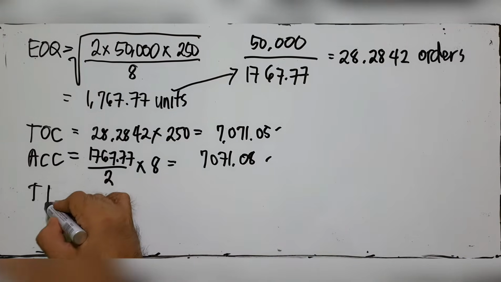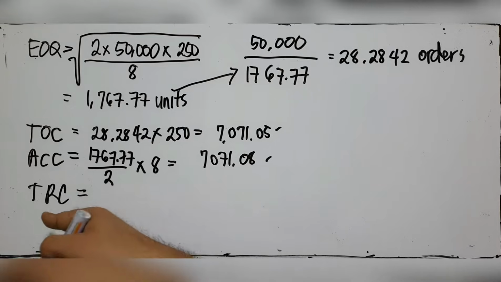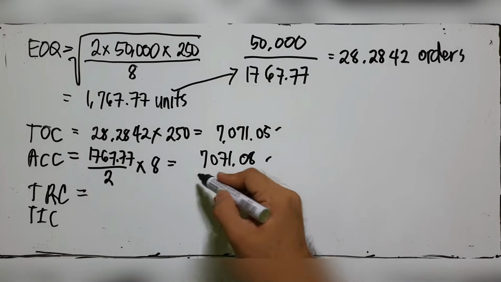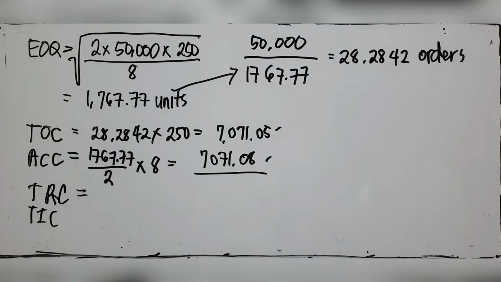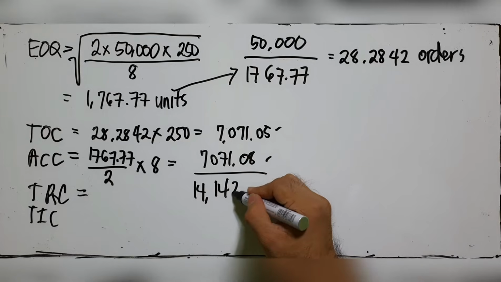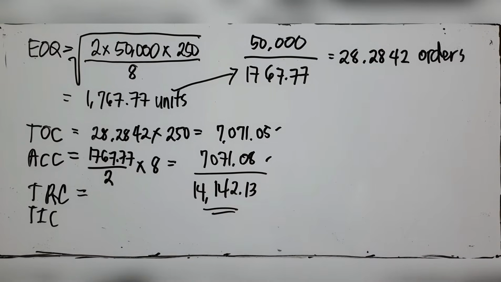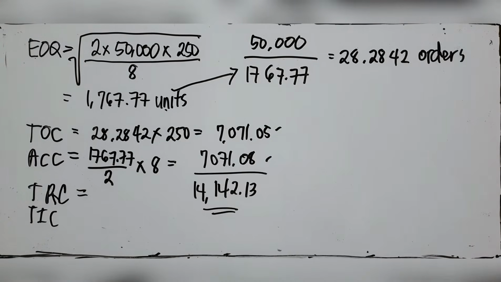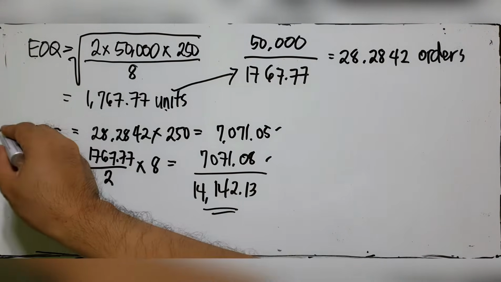So, the total relevant cost or the total inventory cost ay the sum of the two. So, that would be 14,142.13. So, that is your total relevant cost kapag ang size ng order mo ay sinunod mo yung na-compute natin sa EOQ. That is for number 2.